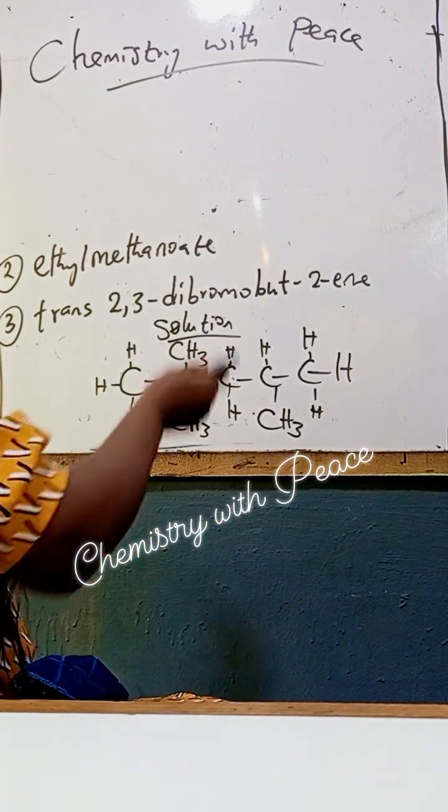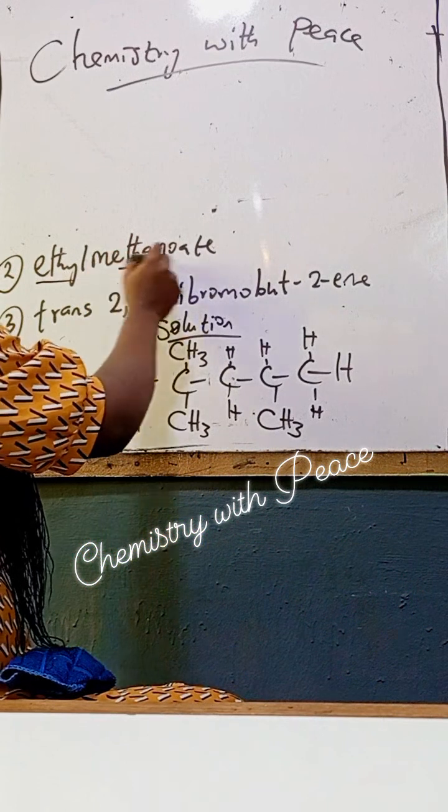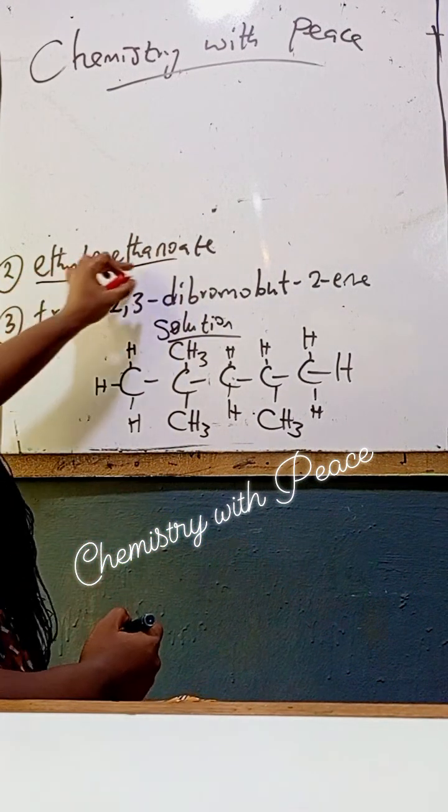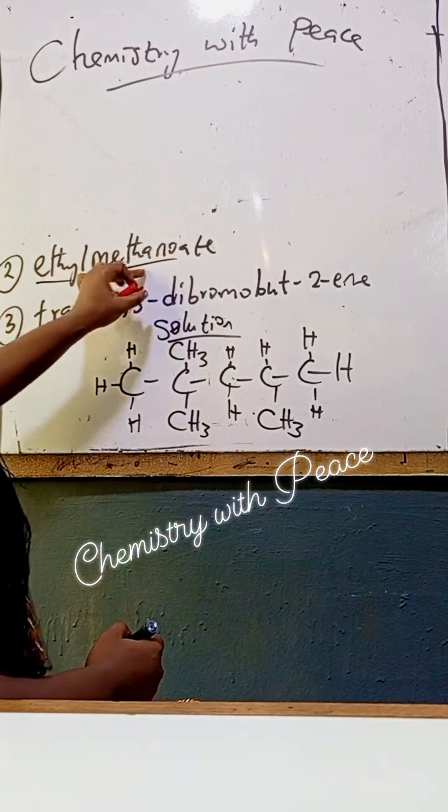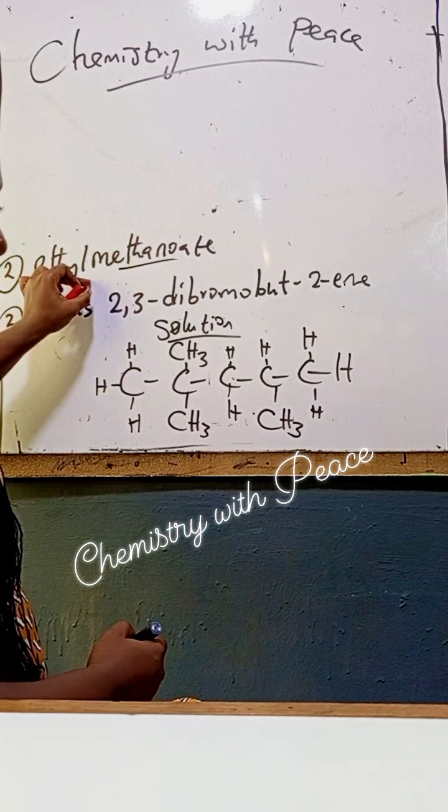So looking at this, ethyl methanoate, it is formed between methanoic acid and then ethanol.